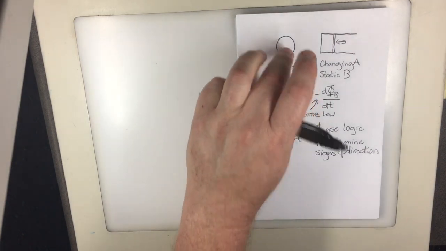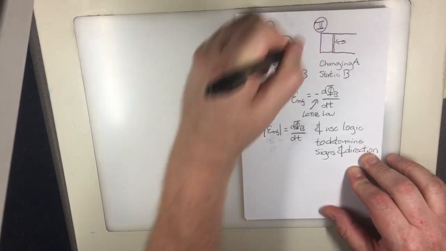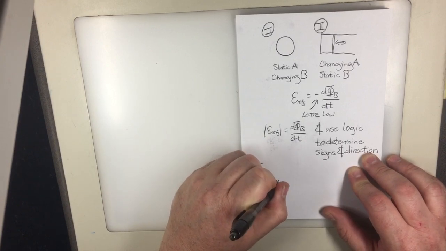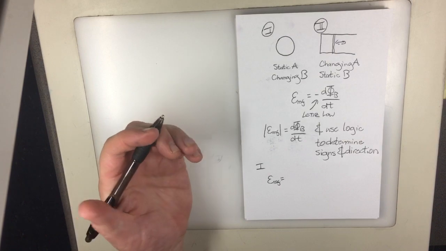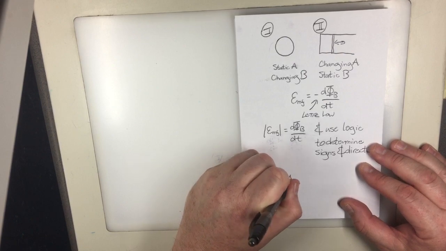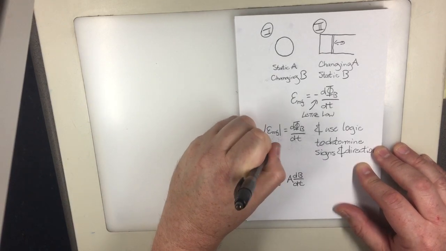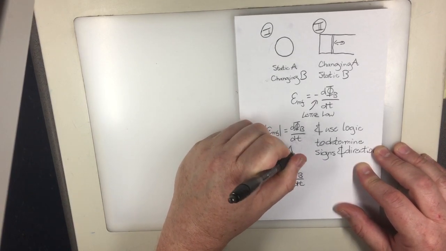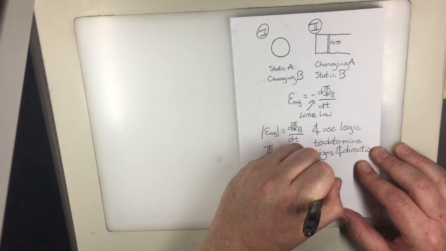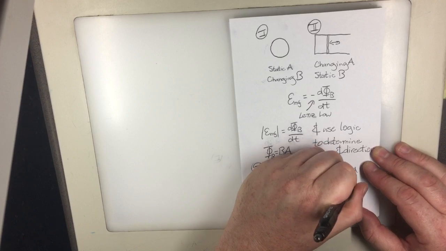In problem 1, because it's the B that's changing, and from now on think of these always as magnitudes, the electromotive force is area times dB dt, because magnetic flux is B times A. For 2, the electromotive force is B dA dt.